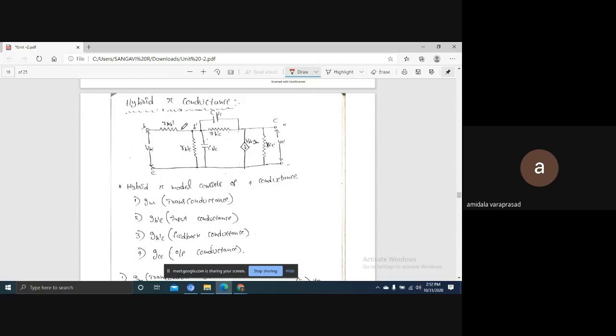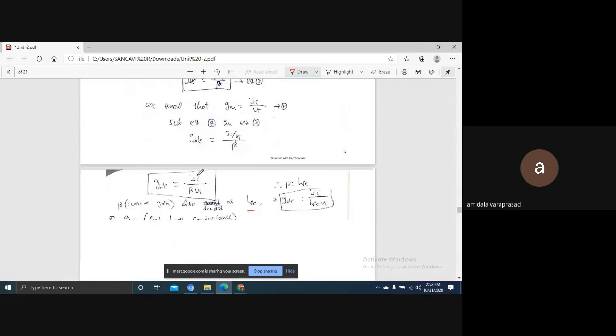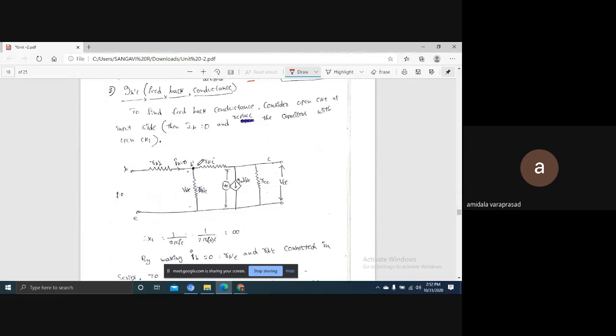There is no current division; the total current can flow in this direction only, not here, because IB is equal to 0. Then we call these RB dash E and RB dash C. This is RB dash E.